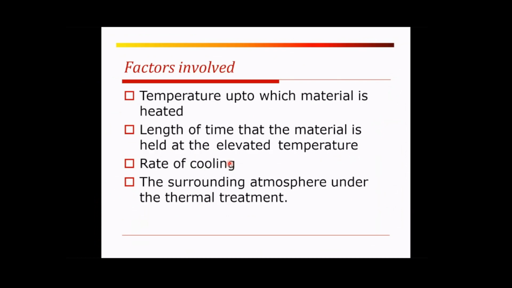Third is the rate of cooling, that is, how the cooling is done, very slowly or very rapidly. That is also an important factor. Last is the surrounding atmosphere during the thermal treatment, which may be an air medium or liquid medium. These are all the factors that influence the heat treatment process.